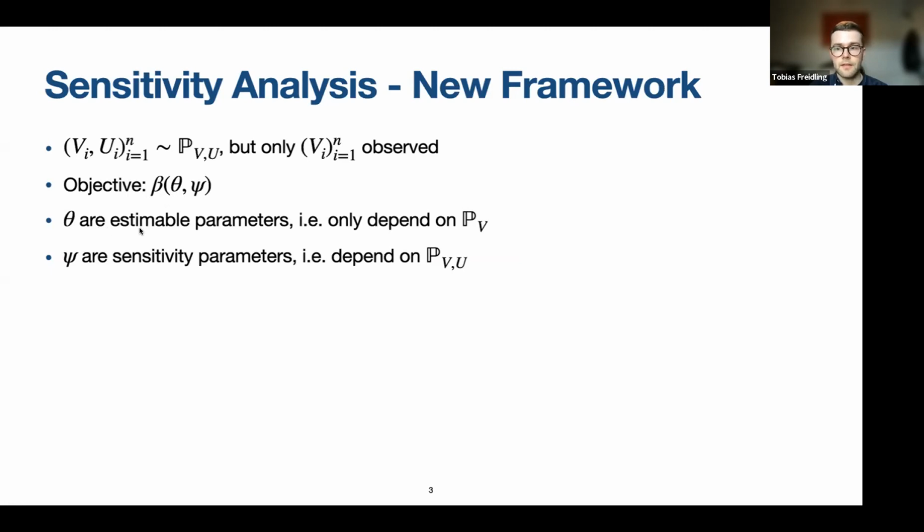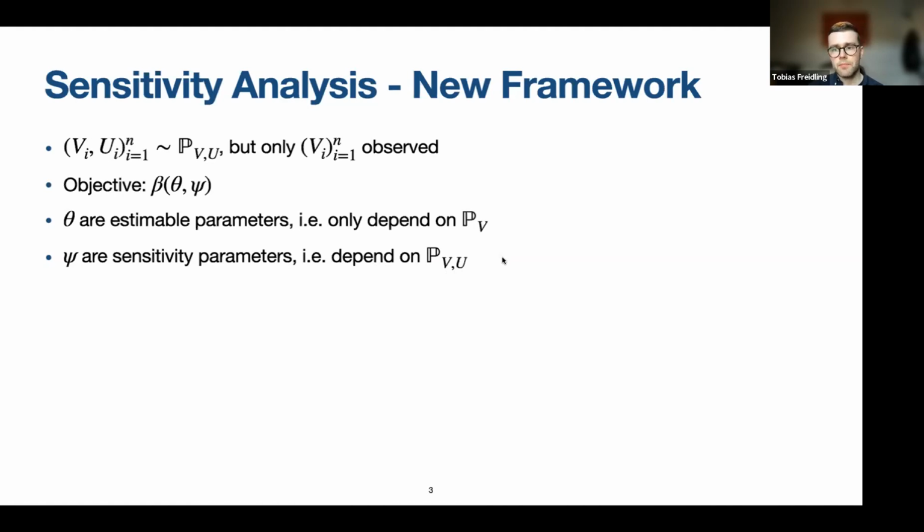Theta are parameters that are estimable, meaning that they only depend on the marginal distribution of V. Because we have access to a data sample of V, we are able to construct an estimator for theta. On the other hand, we have psi, which we call sensitivity parameters, and they in general may depend on the whole distribution. Because this includes U, we can't really estimate them because we don't have data for U.